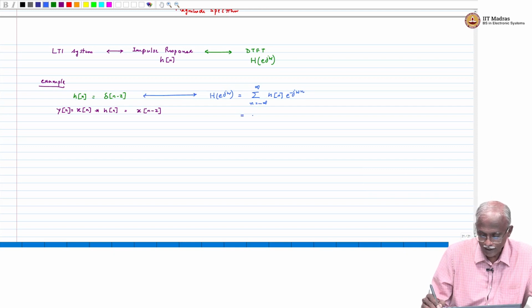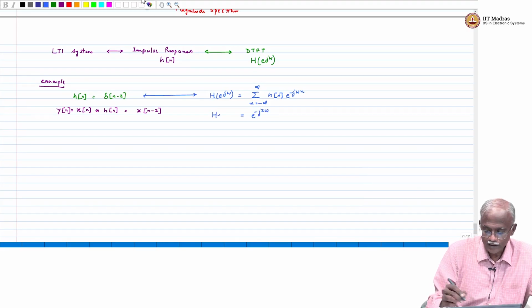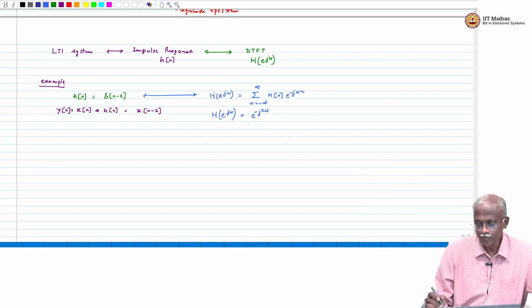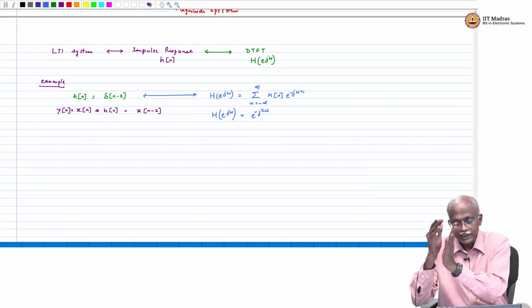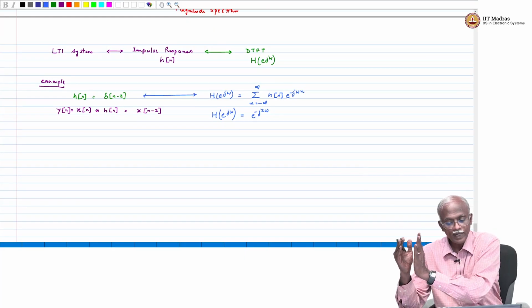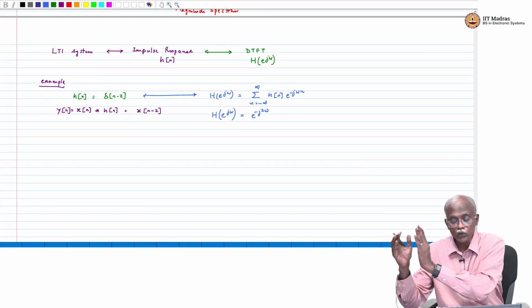So, basically we get e power minus j 2 omega. H e of j omega: this delay is an LTI system whose impulse response is delta of n minus 2, whose discrete time Fourier transform is given by e power minus j 2 omega.